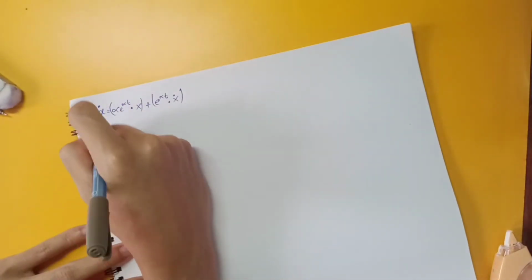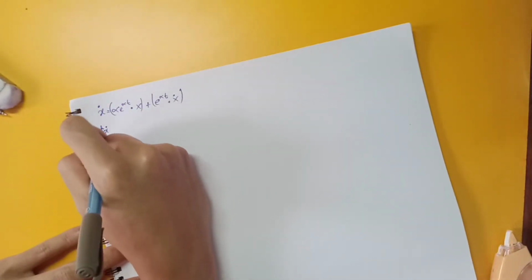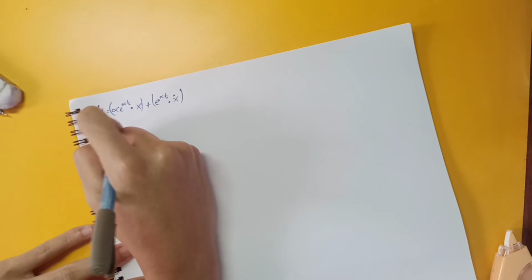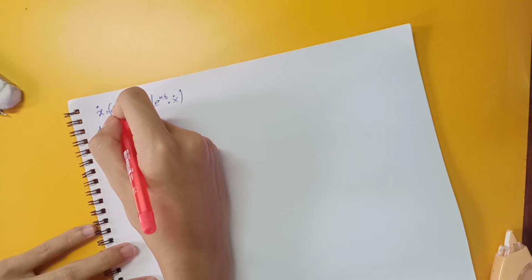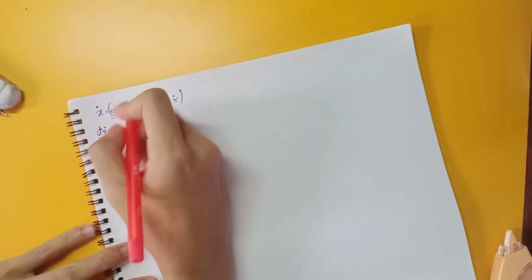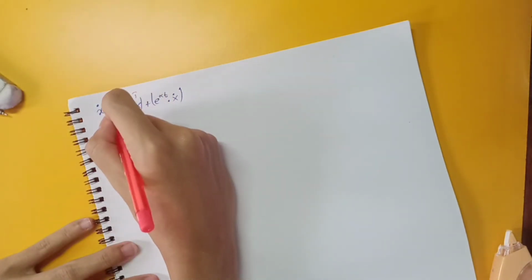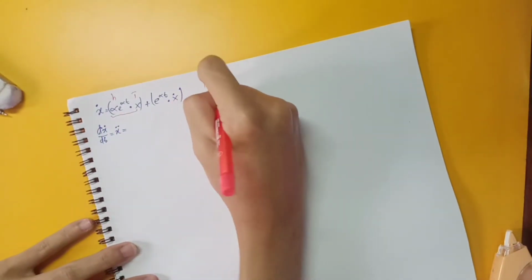To differentiate this, dx single dot over dt, which is x double dot, we have to use the product rule. First product rule here, I will represent this as h and this as i. So this is final, this is initial. So remember that product rule.